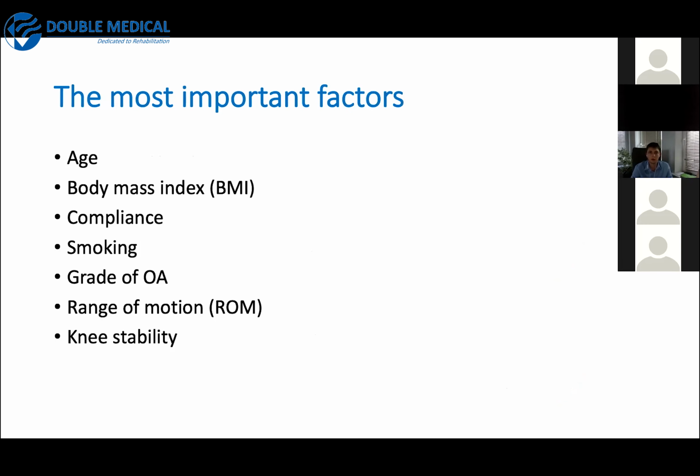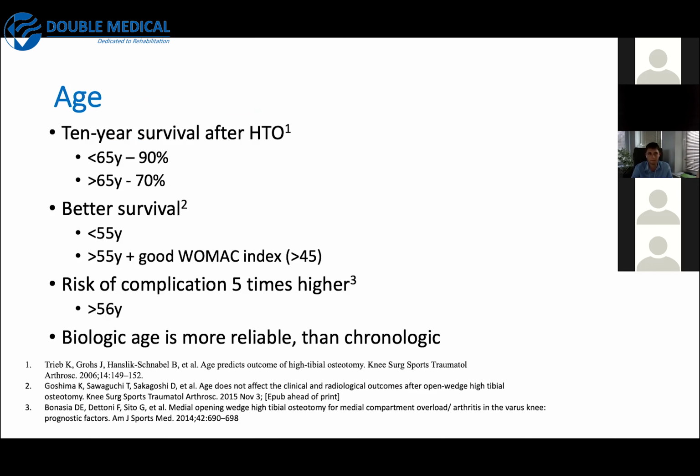So the most important factors that need to be assessed when we try to select the right patient are the patient's age, the BMI, the patient compliance, smoking, grade of osteoarthritis, the knee range of motion, and knee stability. The data says that 10-year survival after high tibial osteotomy is much better in patients younger than 65 years old.